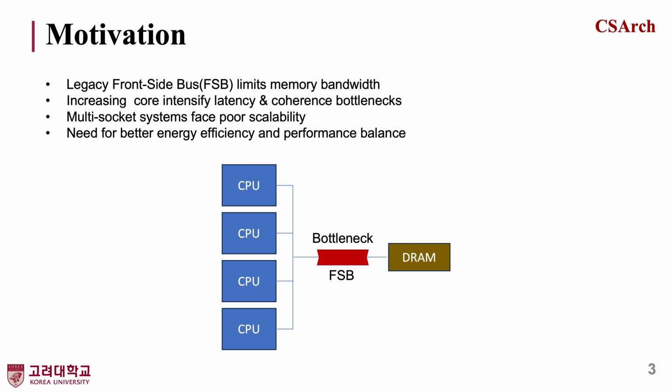The motivation of the Nehalem architecture. The old front-side bus was basically throttling performance. Our cores had to share one narrow path to memory, which limited bandwidth and added latency.